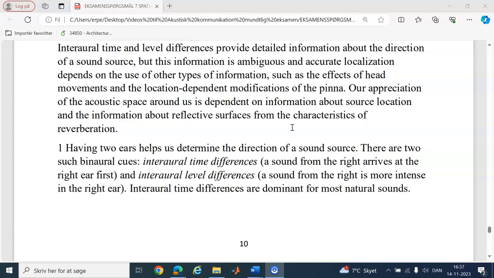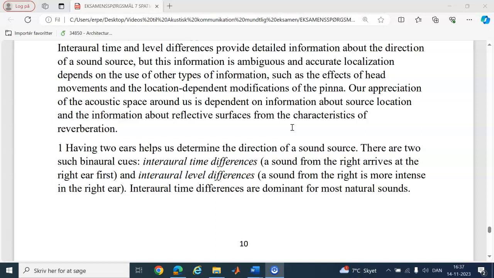There are two such binaural cues. Interaural time differences: a sound from the right arrives at the right ear first. And interaural level differences: a sound from the right is more intense in the right ear.